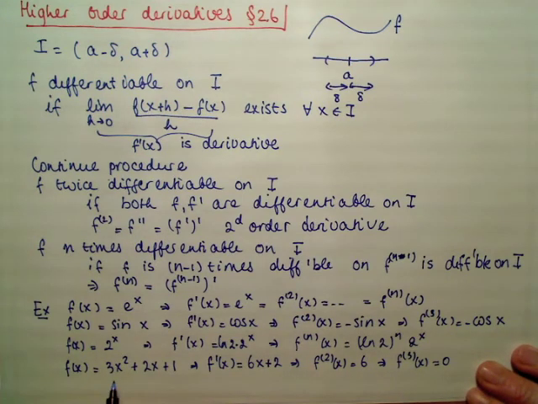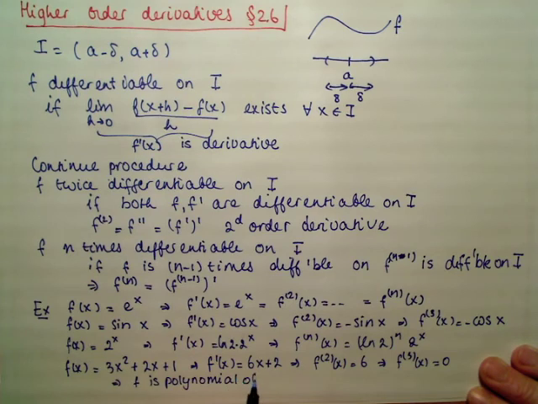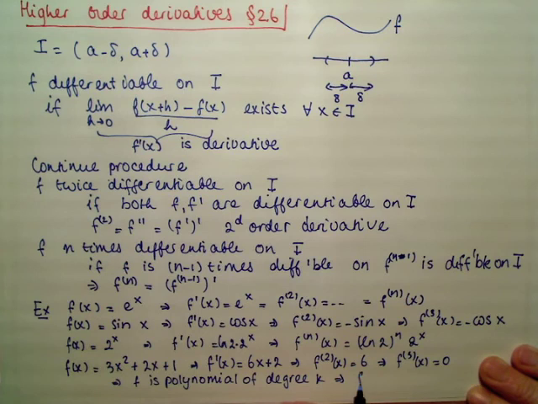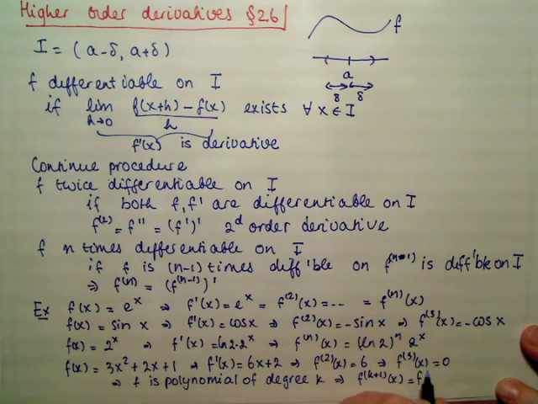So if we differentiate one time more than the degree of the polynomial, we get 0. So if f is a polynomial of degree k, then we get that the (k plus 1)th derivative and all the higher order derivatives are 0.